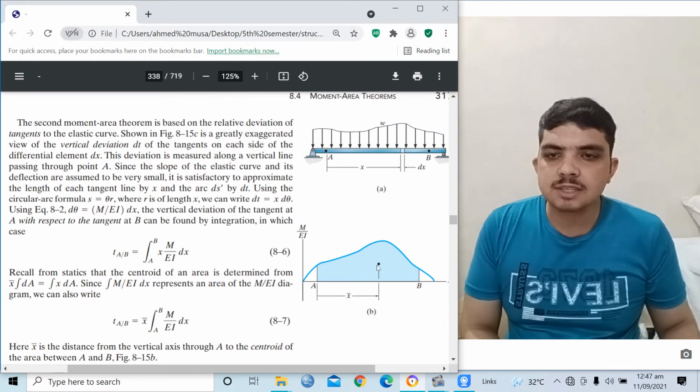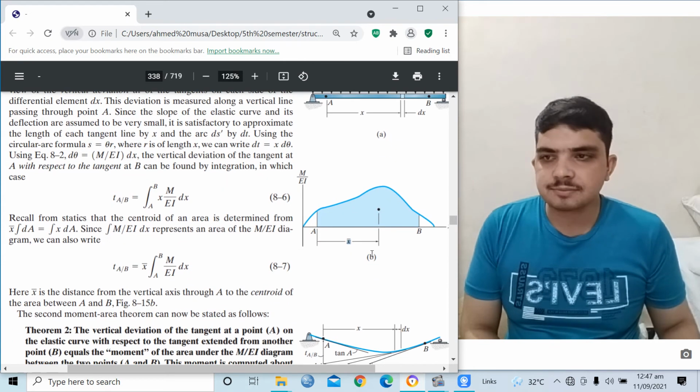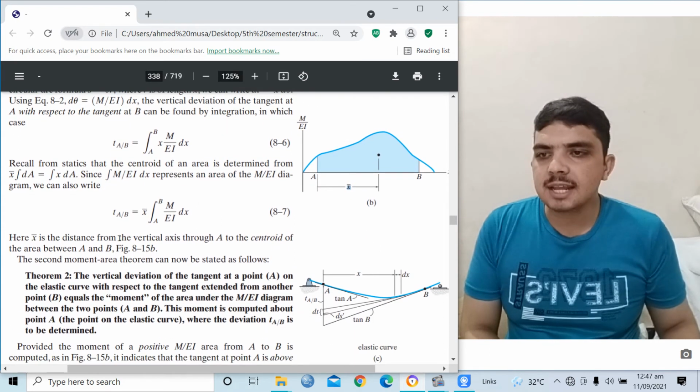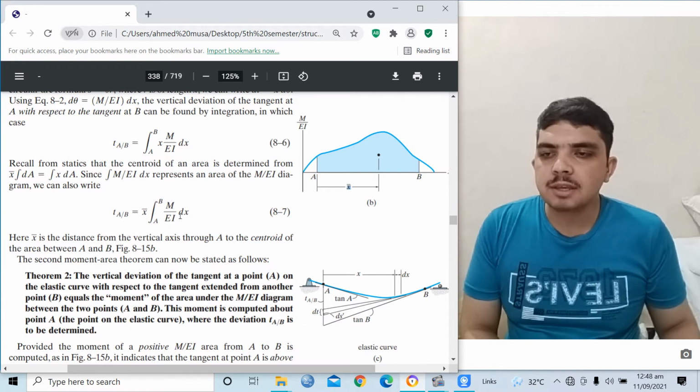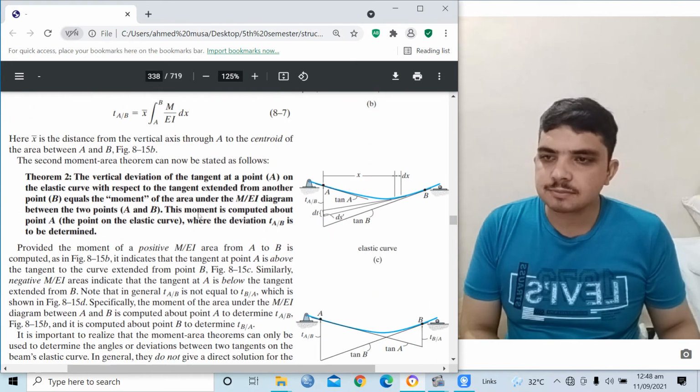The centroid of this area is at this location, so we will multiply x bar with this area. You can see in this formula, tangent A divided by B will be equal to x bar times the integration of AB, M by EI into dx.